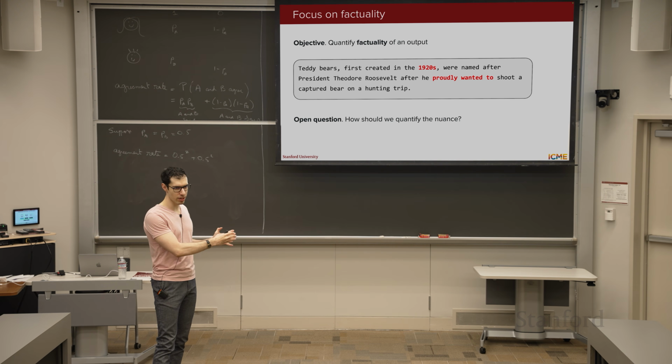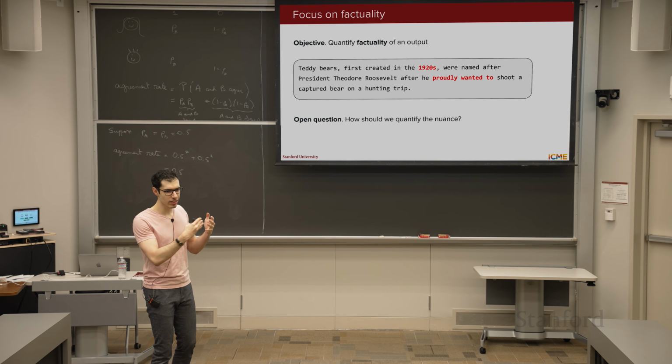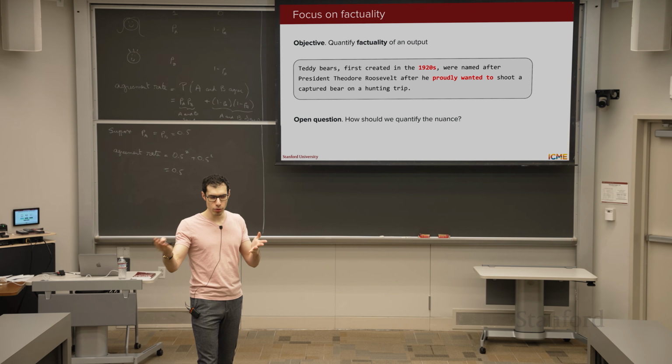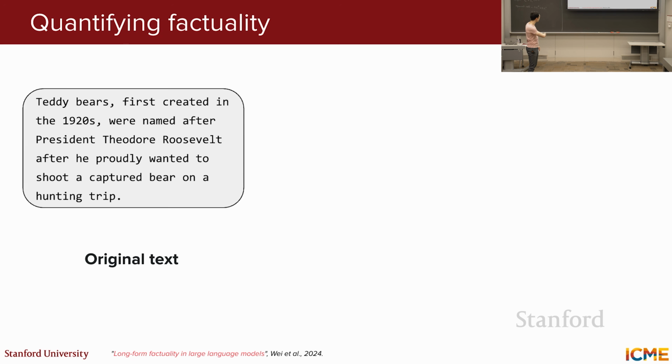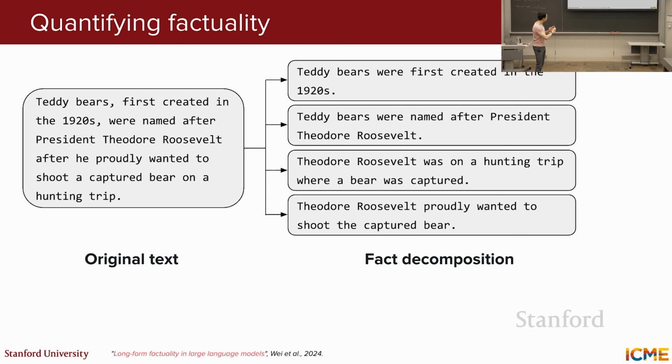So what I'm going to tell you now is something that people typically use nowadays based on research that has been done. We typically operate in a few steps. The first step is for us to go from the original text output to a list of facts. Because when you look at a text, it actually contains a lot of facts that need to be checked.